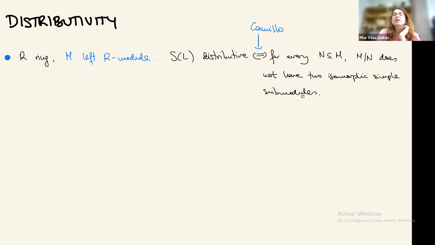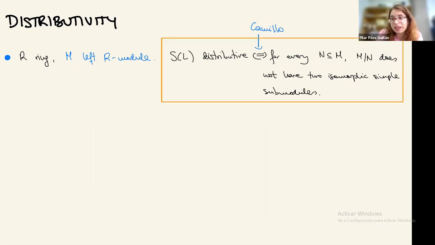This result is not as easy to state as the previous ones, but it will be the one on which we can base a characterization for restricted Lie algebras with distributive lattice. The key point is that we're going to be able to see restricted Lie algebras with distributive lattice as a left module over a certain ring.